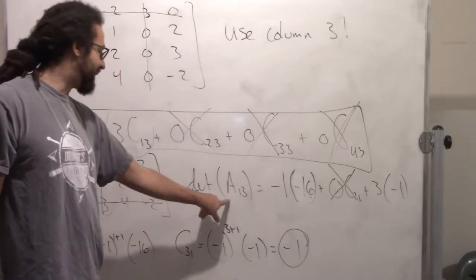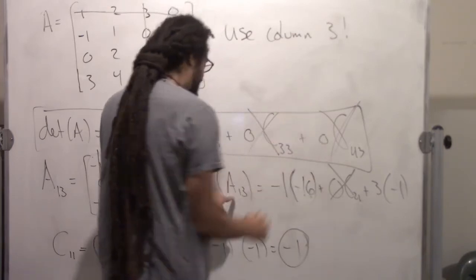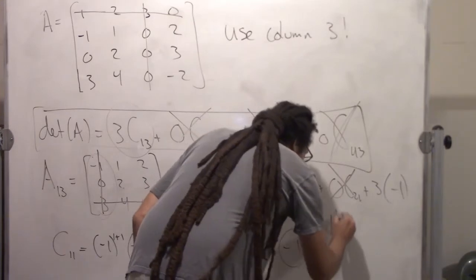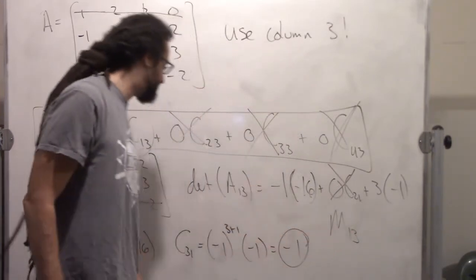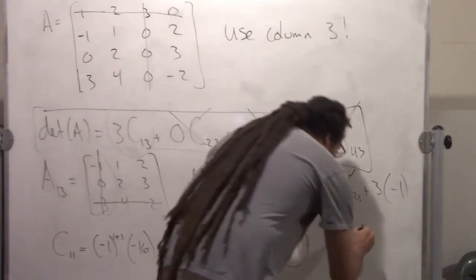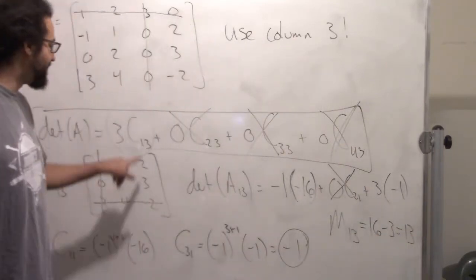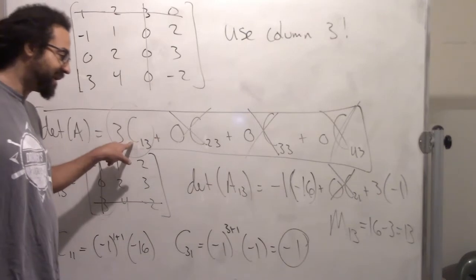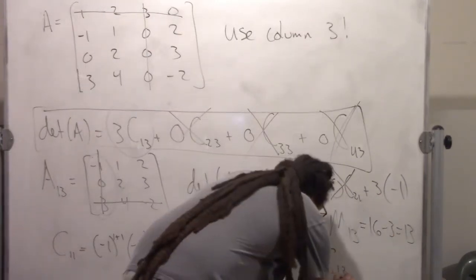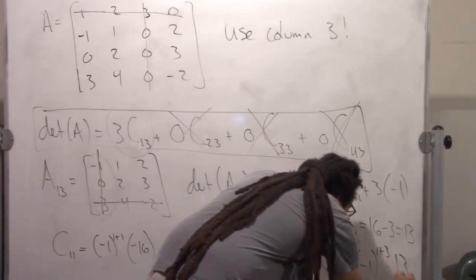So we can see now that the determinant A13 is 16 minus 3. So the 1, 3 minor in this case is going to be 16 minus 3, which is 13. And so the 1, 3 cofactor up here is negative 1 to the 1 plus 3 times 13.